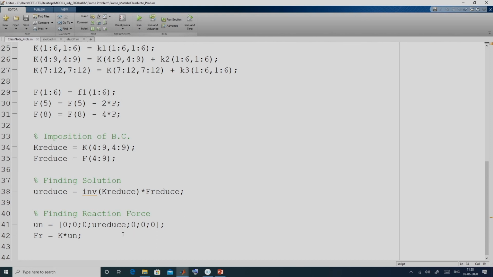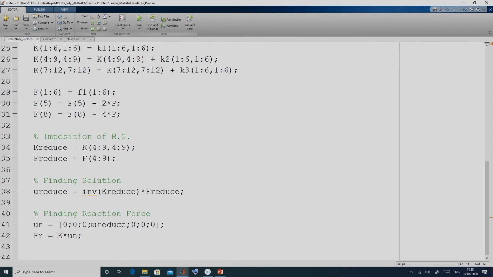After that, we append the prescribed degrees of freedom to the solved U4 to U9 at this step. So, U1 to U3, then we have U4 to U9 in U reduce, then U10, U11, U12 are also 0.